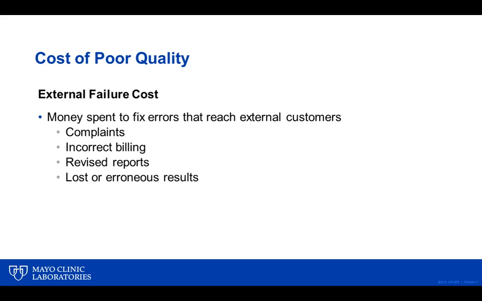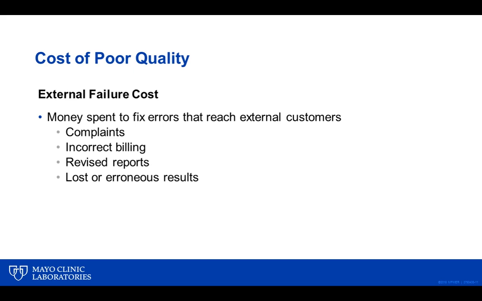So this is now out of the door. You have to fix the problem, but now also you have to deal with what we call a soft cost. I mean, you have the trust issue with the physician or with the customer. With your lab, they won't trust your results.